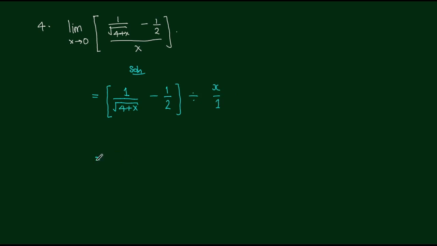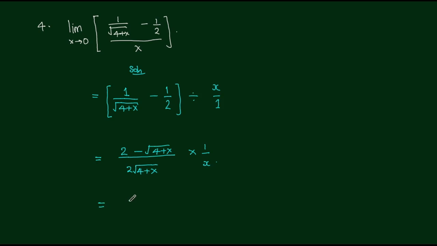Now getting our LCM, it is 2 root 4 plus x. Dividing here, multiplying by 1, we get 2, minus dividing this by 2, we get root 4 plus x times 1 over x.